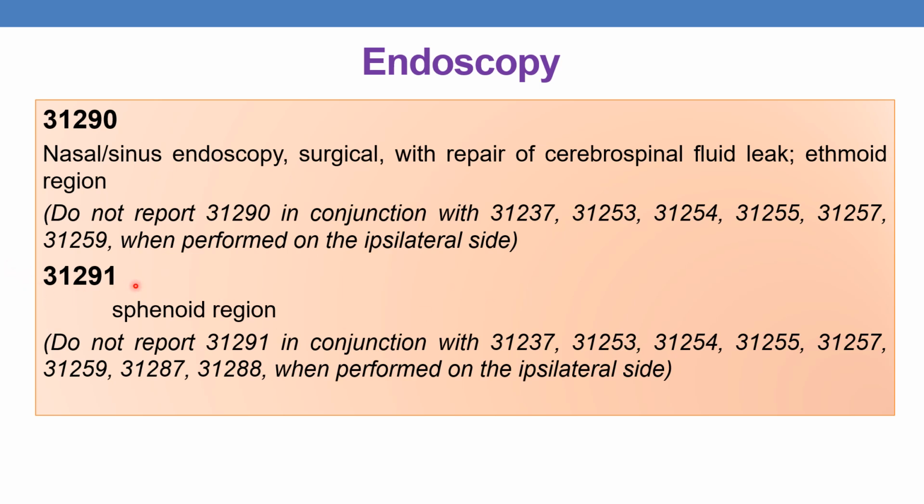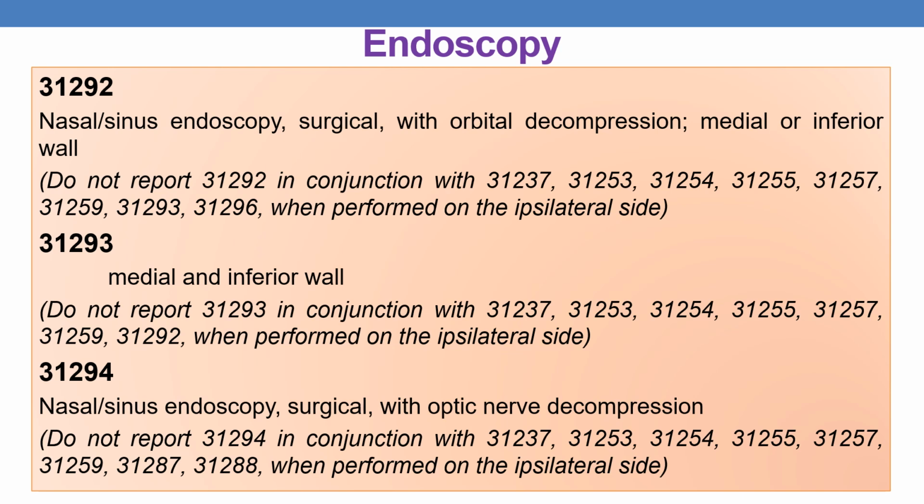The next is 31291. It deals with nasal or sinus endoscopy, surgical with repair of cerebrospinal fluid leak, sphenoid region. The next CPT is 31292. Nasal or sinus endoscopy, surgical with orbital decompression, medial or inferior wall.